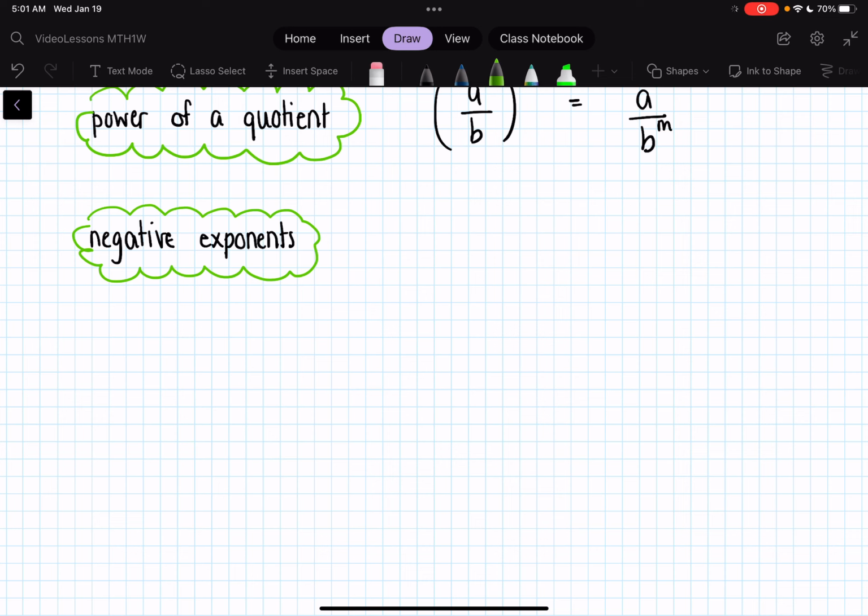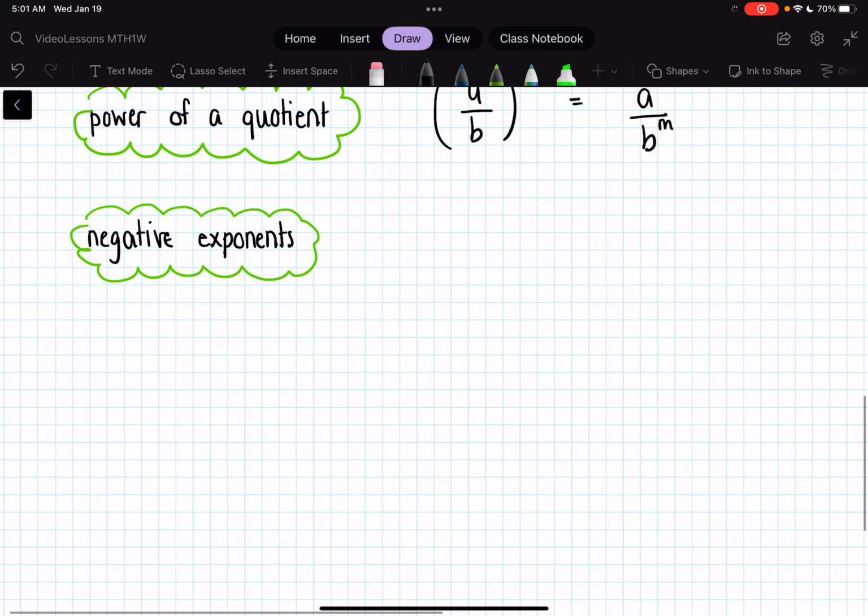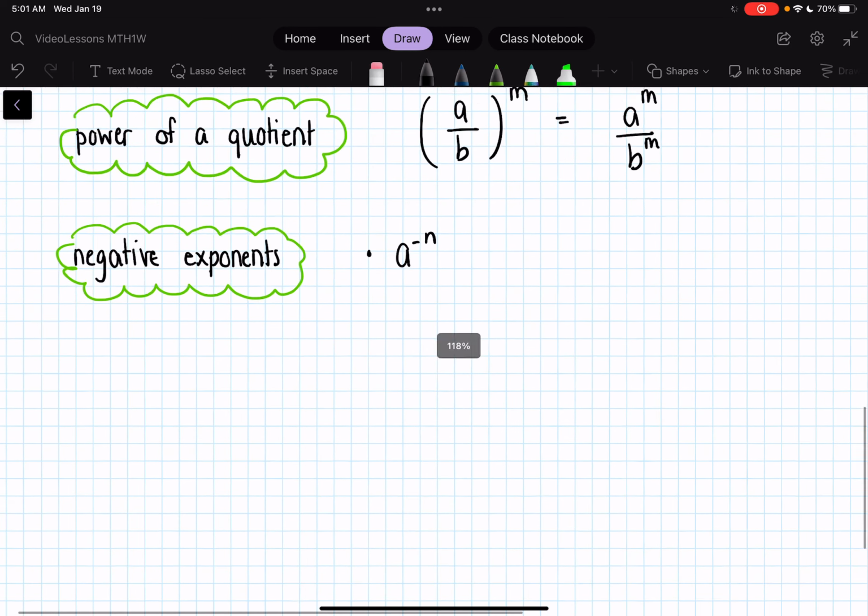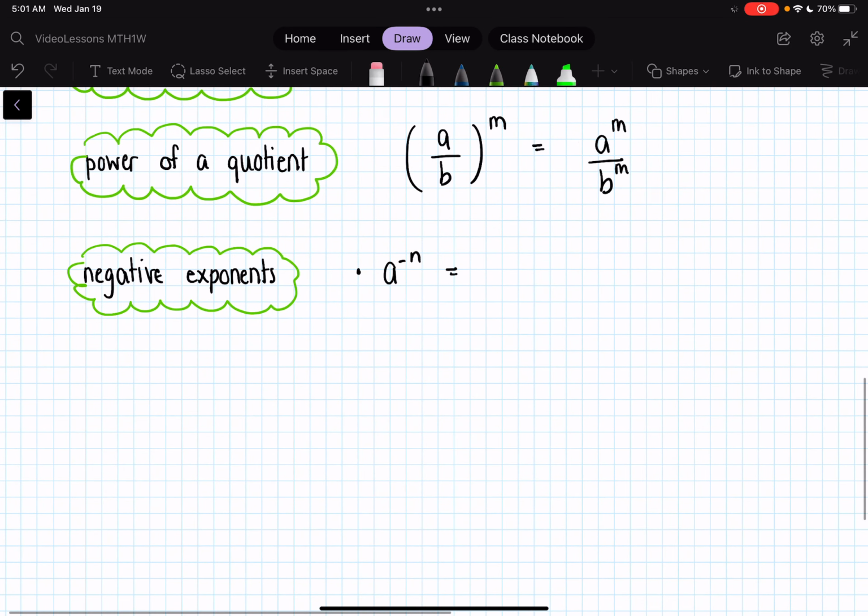If we have a whole number base that has a negative exponent, then we can make that a positive exponent by putting that number into the denominator.